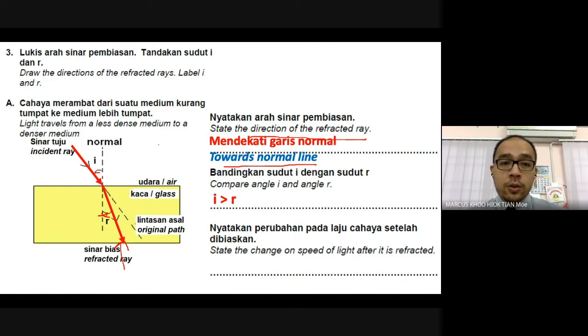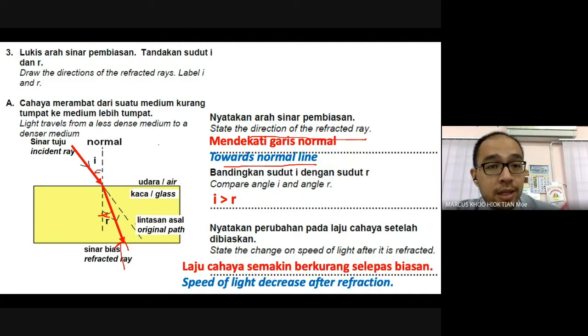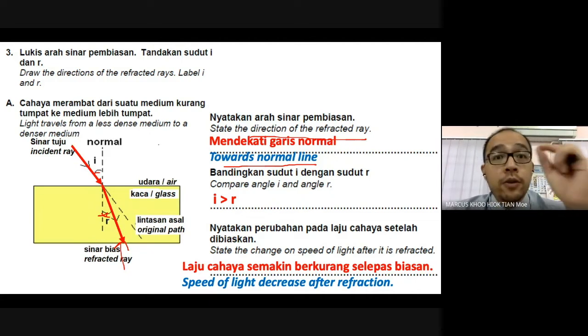Okay, so state the change of speed of light after it is refracted. When it is refracted, because it is going into the glass, right? Okay, the speed of light will decrease after refraction. So this brings to us a few important points that we need to talk about here.